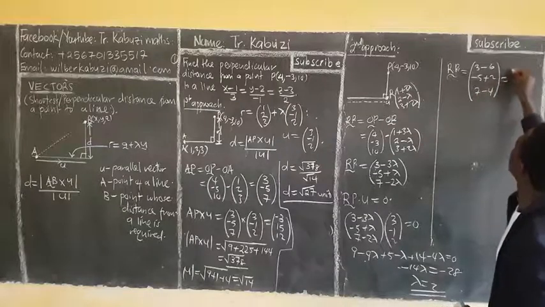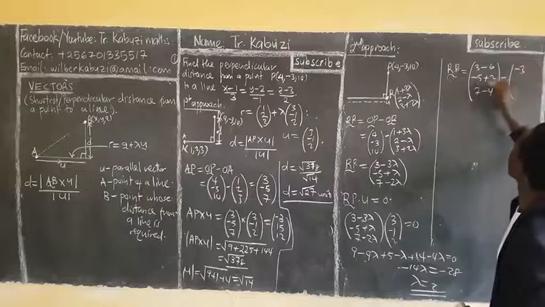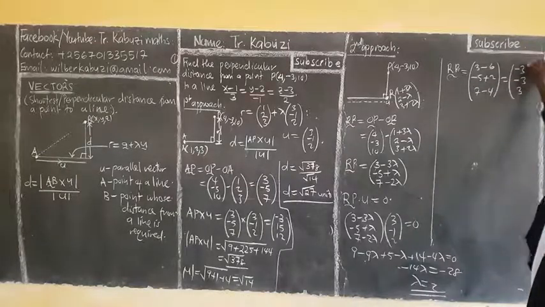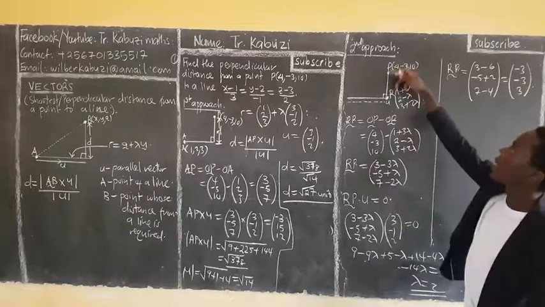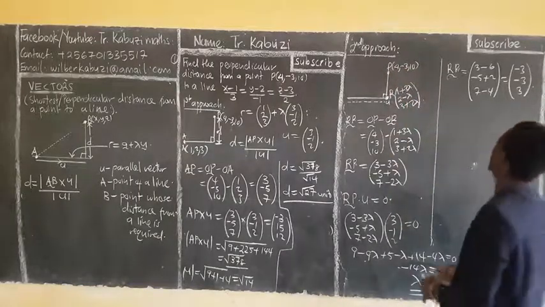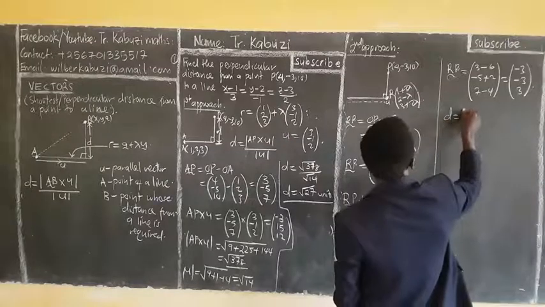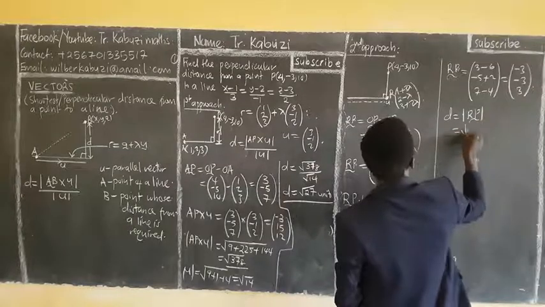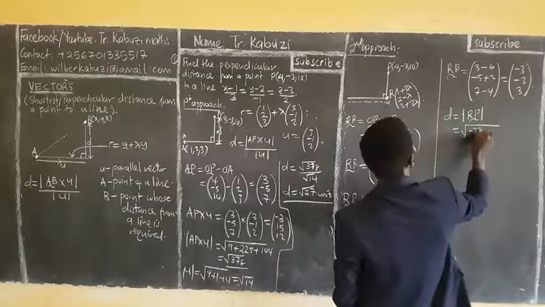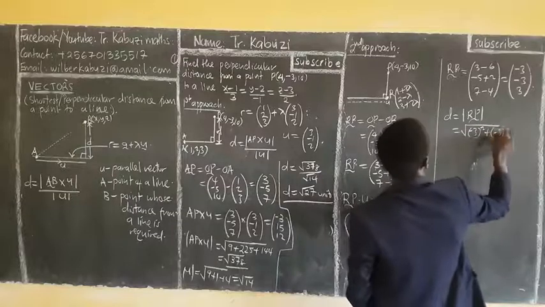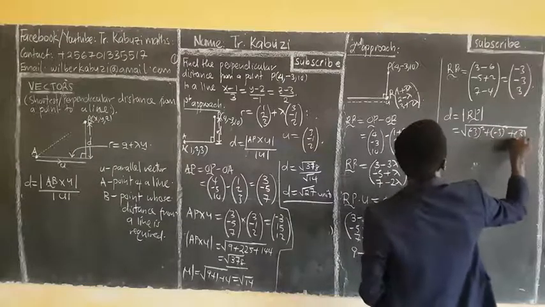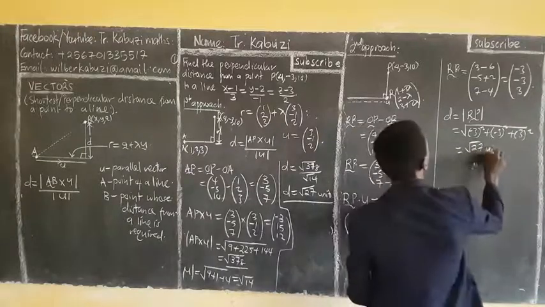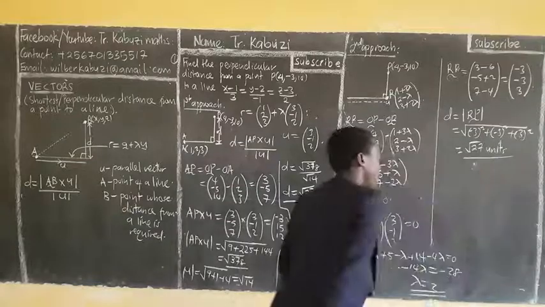And what I get here is negative 3, negative 3, and a positive 3. If we get the magnitude of RP, it will be our distance. Therefore, our distance will be the magnitude of RP, which is negative 3 squared plus negative 3 squared, plus 3 squared, which will be root 27 units. So members, that's another approach.